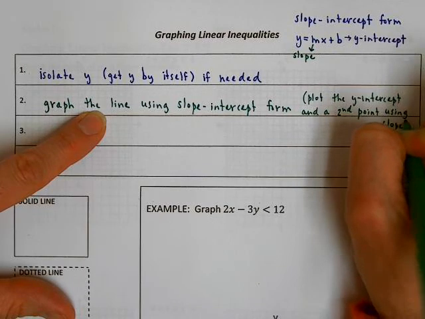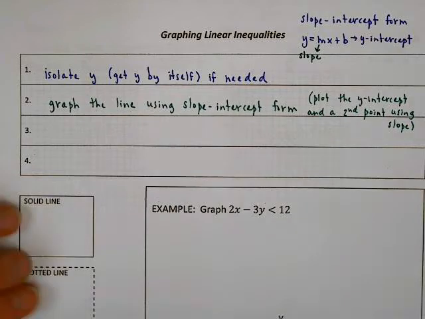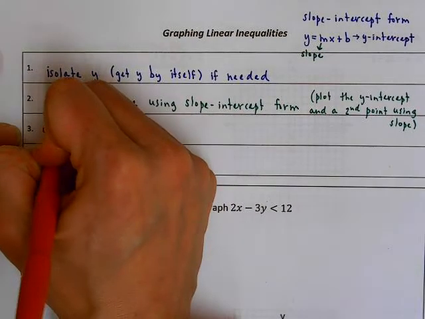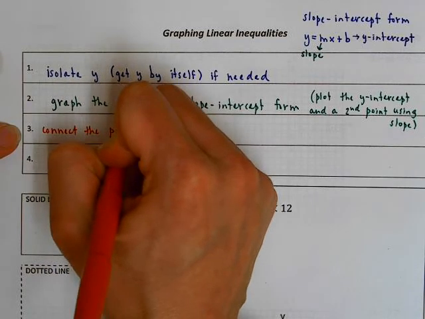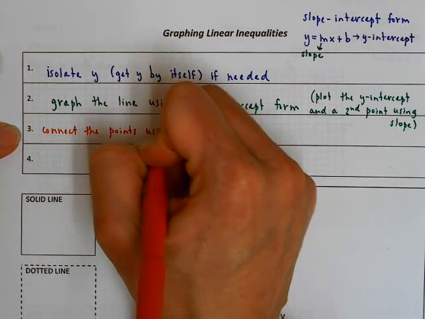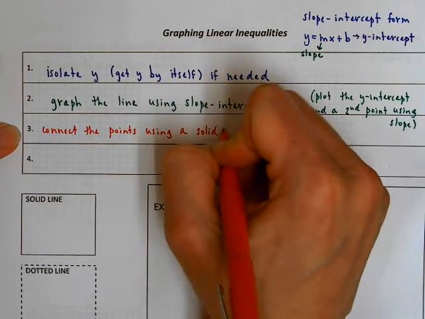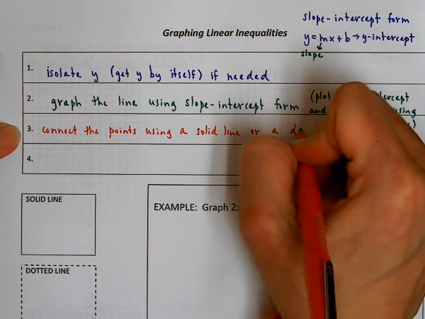So actually we're just going to plot those 2 points in the second step. In the third step, we're either going to connect the points using a solid line or a dashed line.